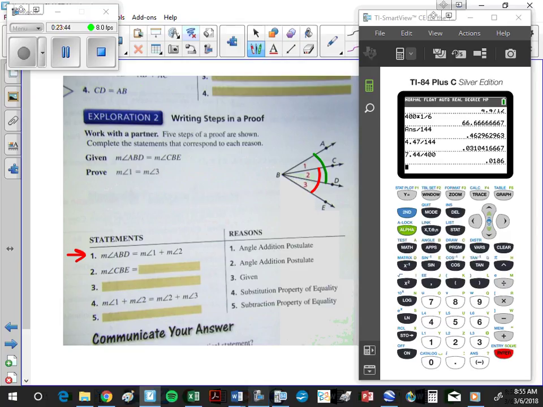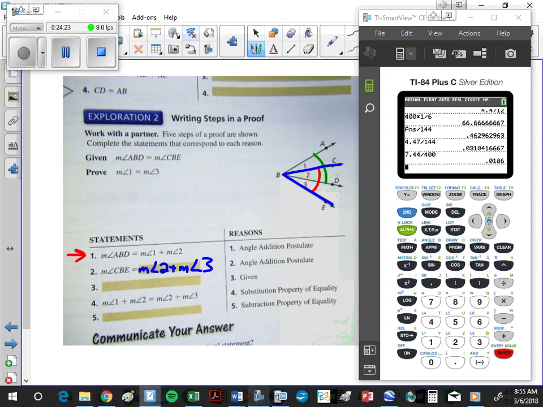Now, CBE is equal to what? Angle 2 plus angle 3. So this angle right here is equal to 2 plus 3. So the measure of angle 2 plus the measure of angle 3. And they write the angle addition postulate. I'm not going to make you write the angle addition postulate. That one's just obvious. Two parts add up to the whole.